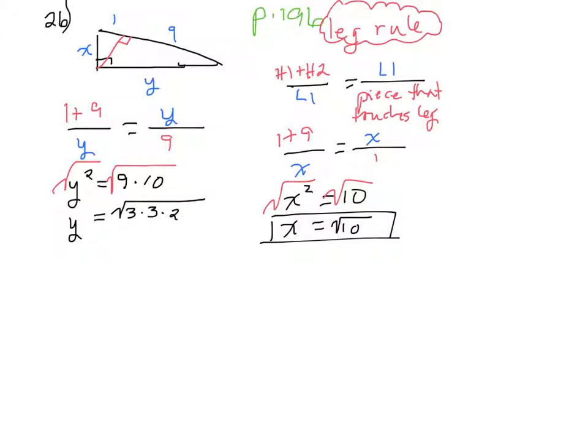And 10 is 2 times 5. So I'm able to pair up the 3's and bring a 3 out in front. And then multiply the 2 and the 5 together and leave that underneath the radical. So y ends up being 3 square root of 10. So there are the two legs to your right triangle. So let's look at, oh, we didn't actually finish that one. Let's go back to that one.